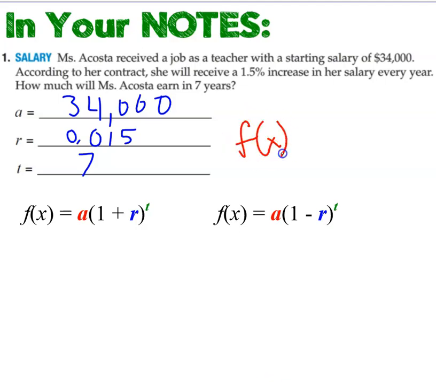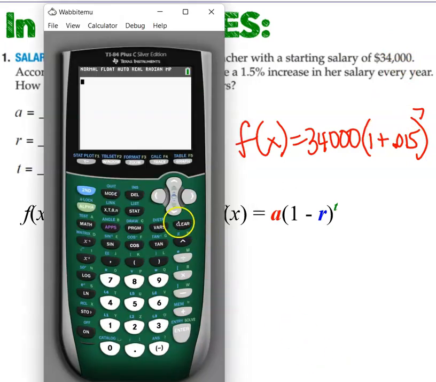That your function has an initial value of 34,000, that it has a growth rate or an increase of 0.015 and a length of time of 7 years. So let's get our calculator out and compute.